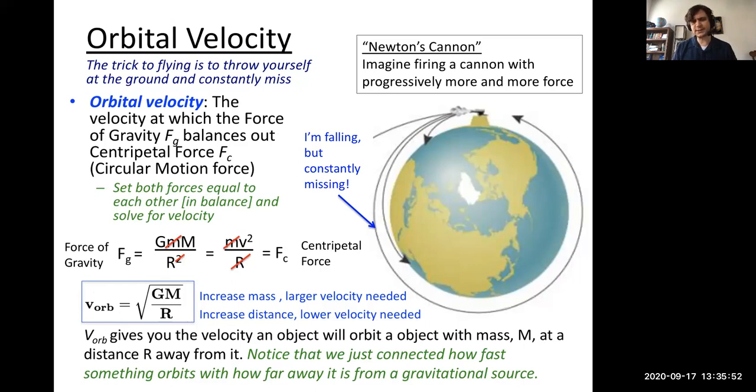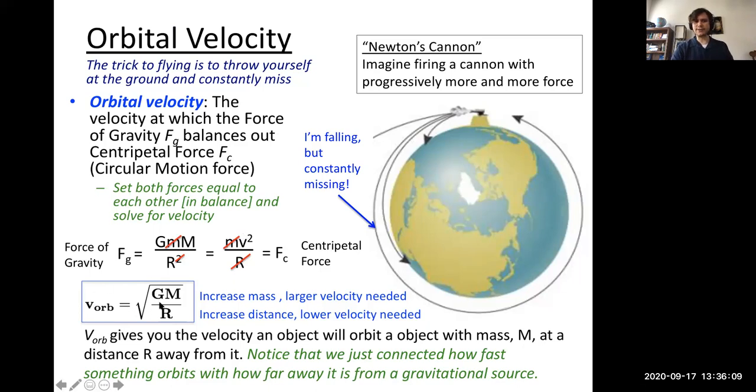So we had to do some physics there, but essentially we came up with this velocity so that you can fall towards the Earth and constantly be missing it, a forever free fall, and that velocity is what we call orbital velocity.